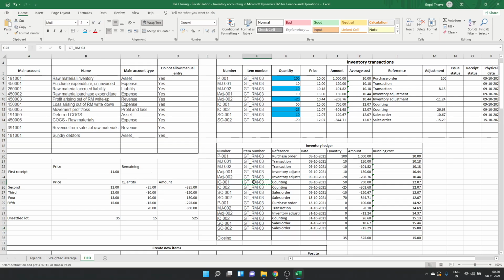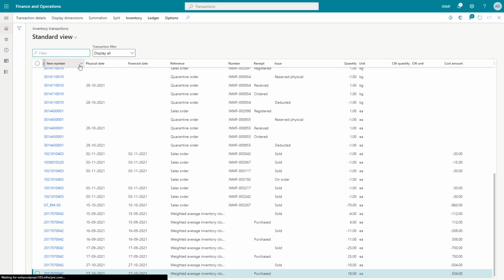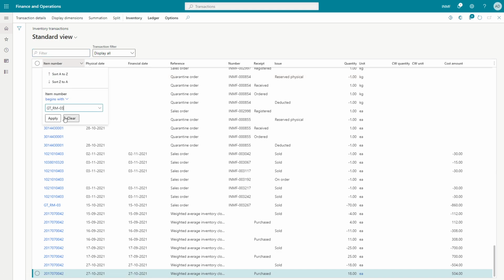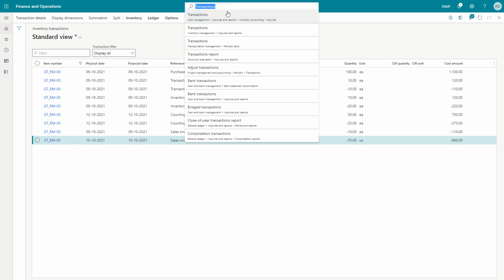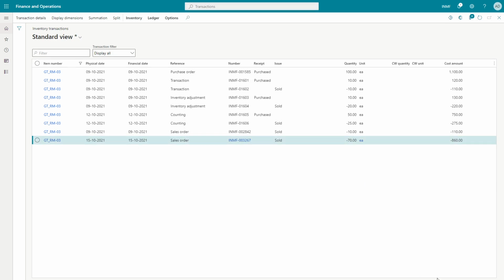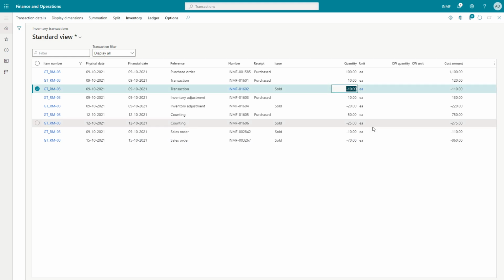Now to copy this item number. Okay, so not sure whether I'm getting from the same. Okay, so now this is the write down transaction.